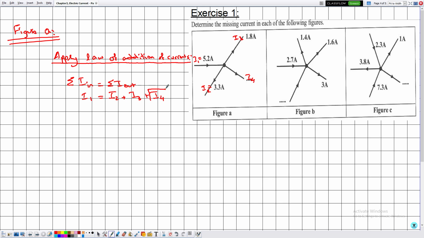Knowing that we are interested in I4, we keep it as a variable. The value of I1 is 5.2, the value of I2 is 3.3, the value of I3 is 1.8, and I4 is kept unknown. What's the type of this equation? This is a linear equation with one unknown, I4, so we put I4 on one side and all the other numbers on the other side.